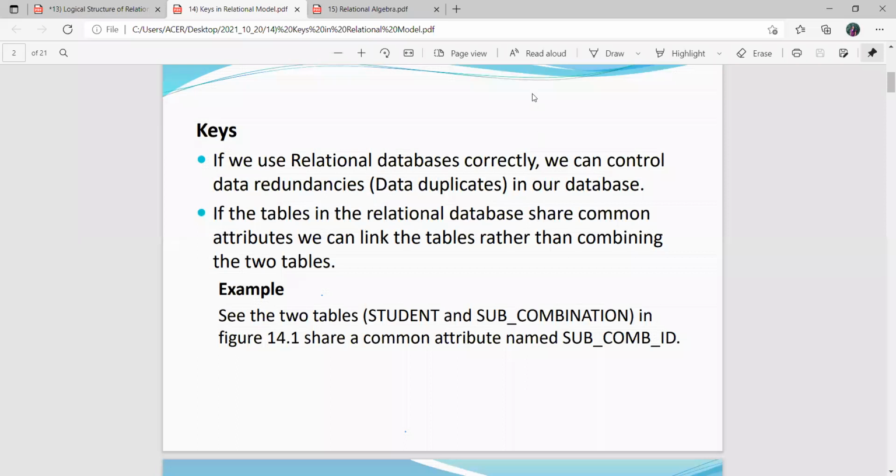A database can have more than one table, and they can share a common attribute. We can link the tables rather than combining them.